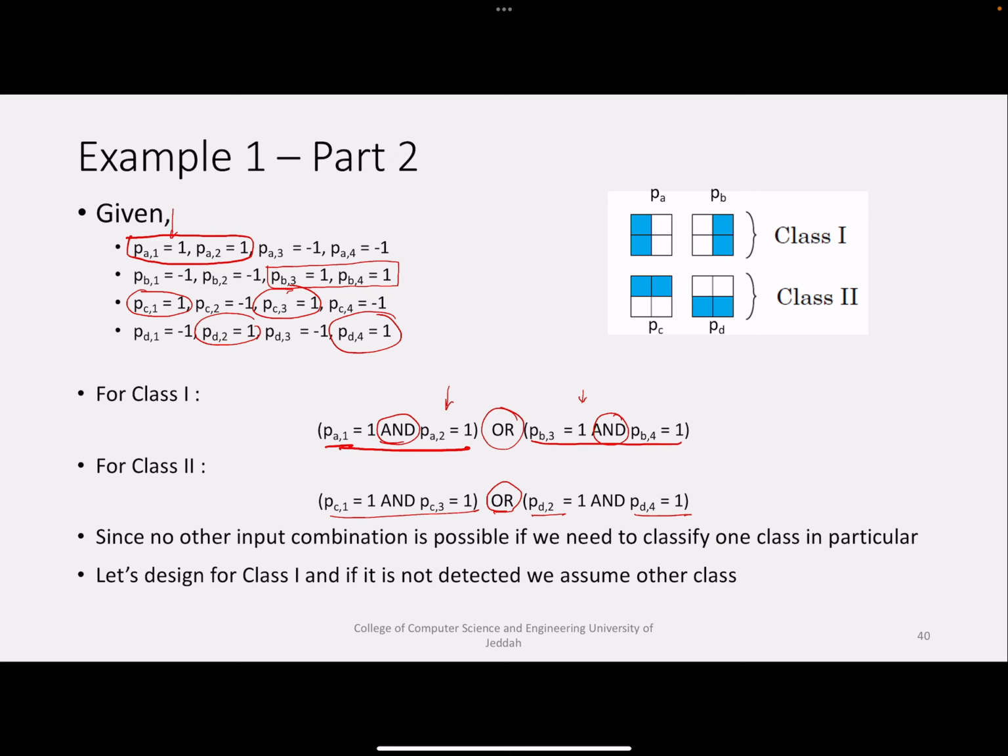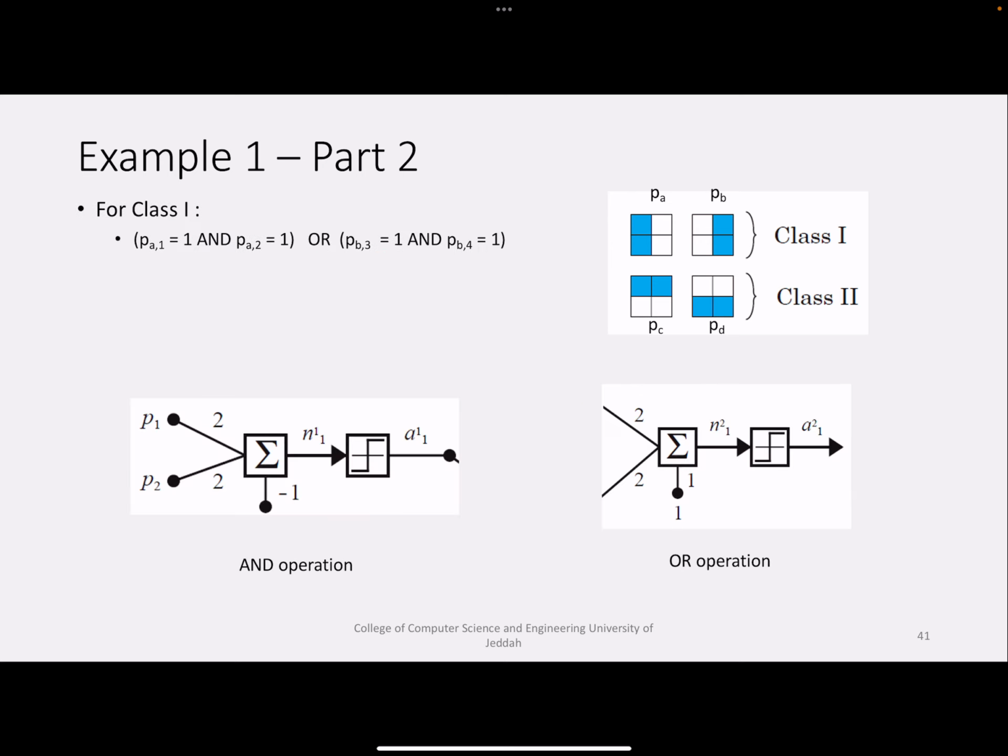There are no other input combinations, so that's really all we need. So we can design a classifier for class 1, and if something is not class 1, it will just automatically be put into the other class, class 2.